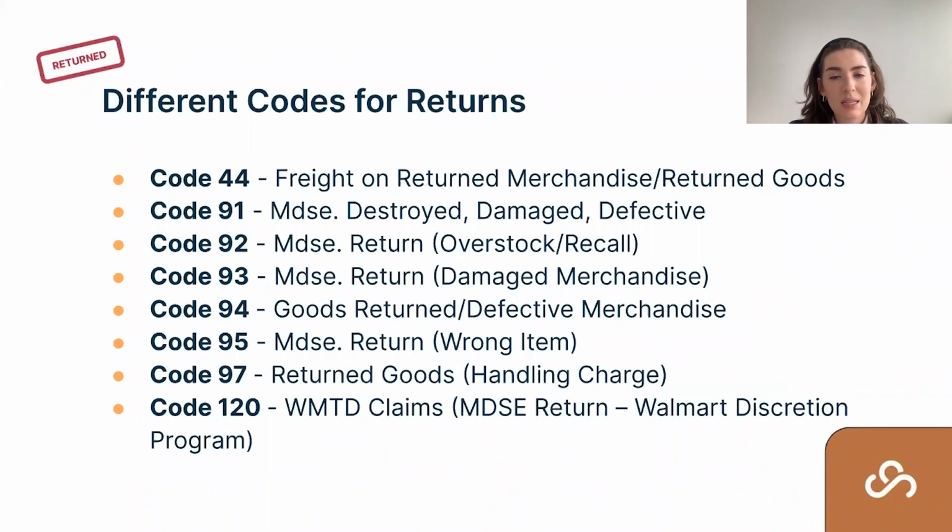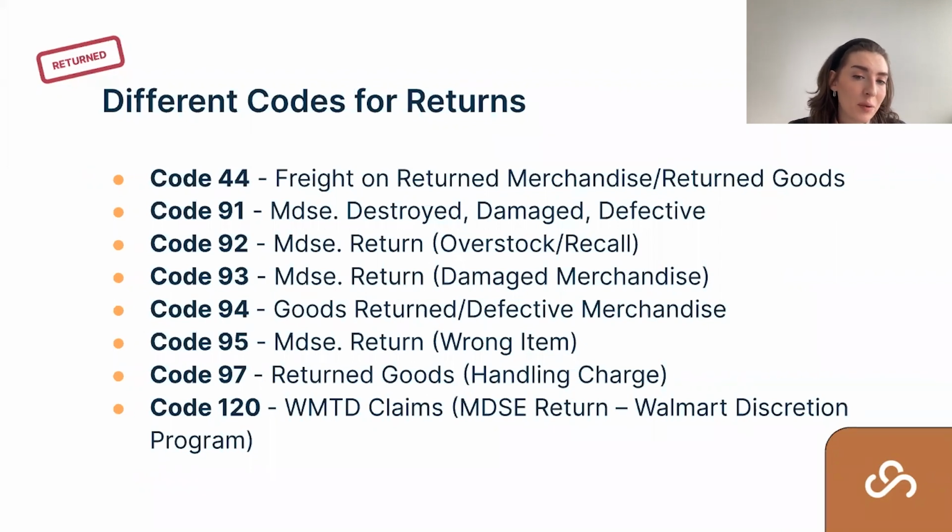And again, we'll send this deck, so don't worry about feeling like you have to write all these down really quick. It's helpful to pause here to see how much overlap there is, and that the reason codes do break down a significant amount of detail. You just have to know what detail Walmart's talking about. With damaged merchandise, we'll talk about why that one is different than code 91.